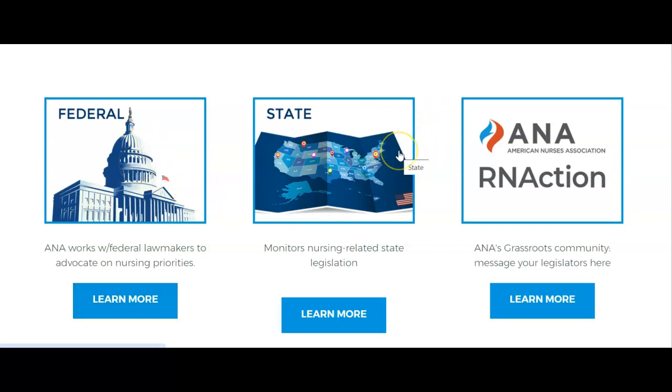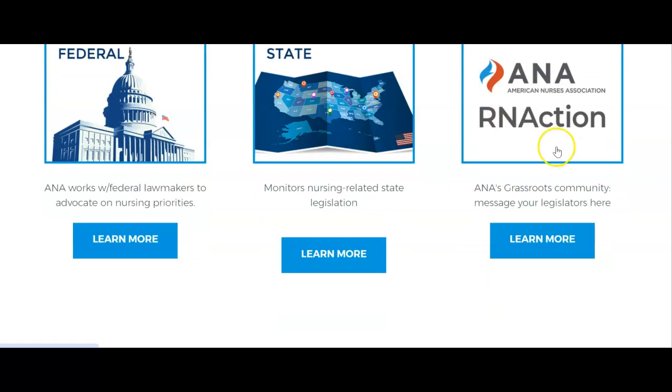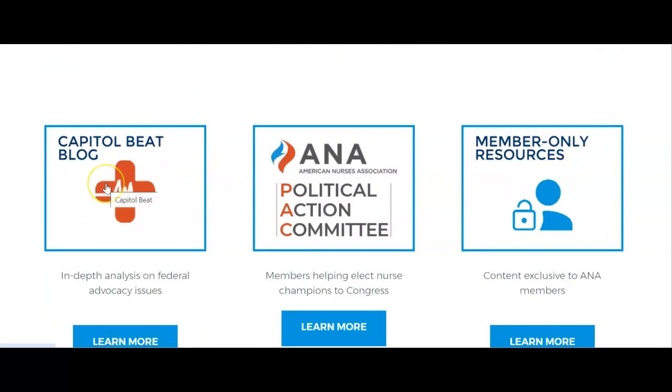Or you can look if you're focusing more on an issue that's state related, like medical aid in dying, which is state by state. That might be more state related. This is the ANA RN Action Group. There are a lot of updates there, and even a Capitol Beat blog.